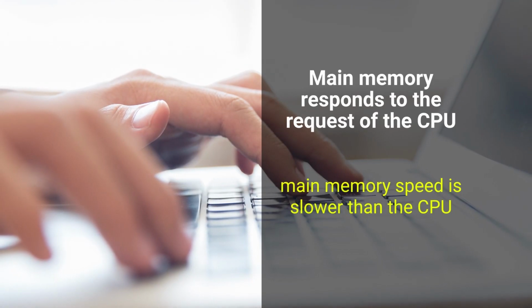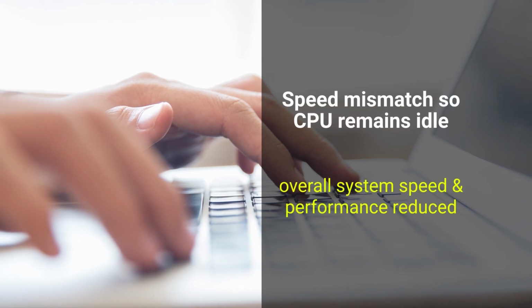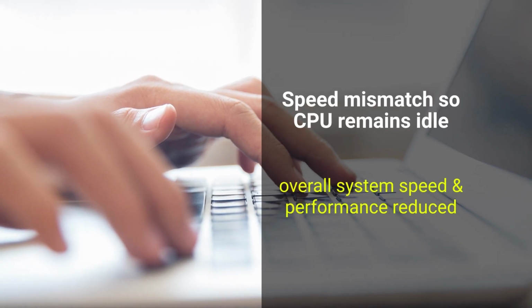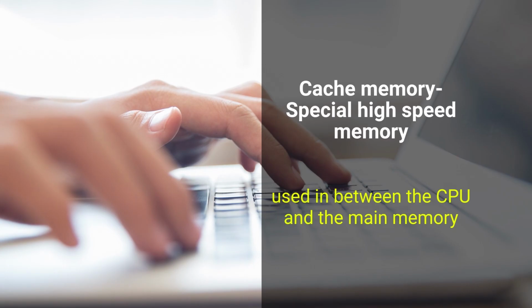But whenever the main memory responds to the request of the CPU, there is a speed mismatch, because the CPU executes faster than the main memory, and because of this speed mismatch, the overall system speed is reduced and performance degrades. To deal with this speed mismatch, we make use of cache memory. These are special high-speed memories and they are generally present between the CPU and the main memory.